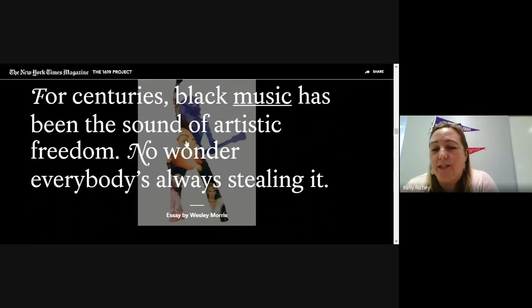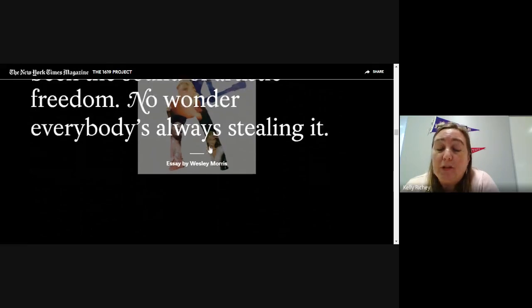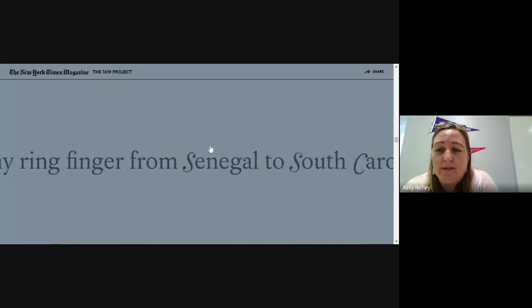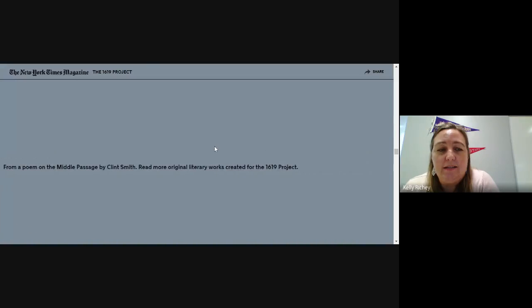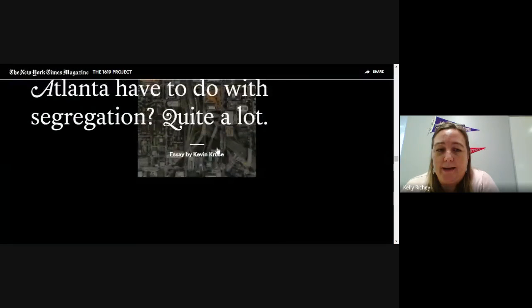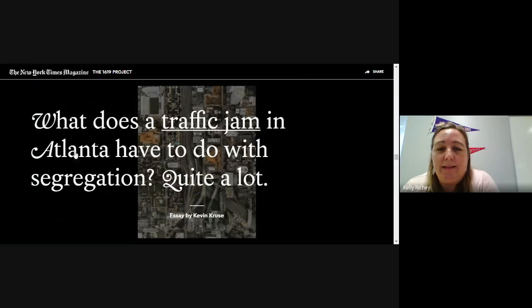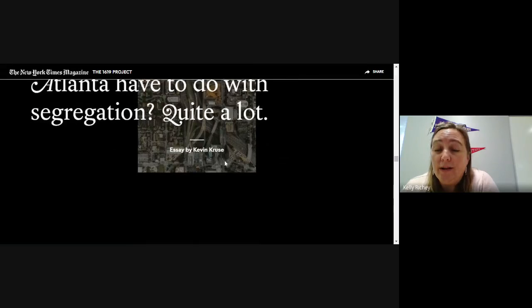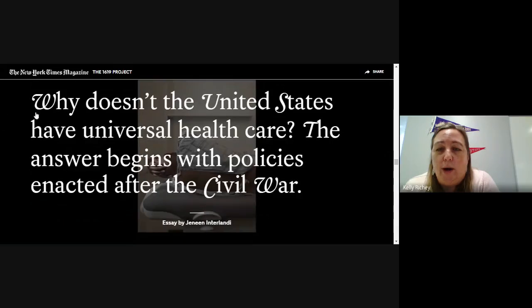No wonder everybody's always stealing it. You could read that essay. Here is a poem from the middle passage. What does a traffic jam in Atlanta have to do with segregation? Quite a lot. Why doesn't the United States have universal health care? The answer begins with policies enacted after the Civil War.